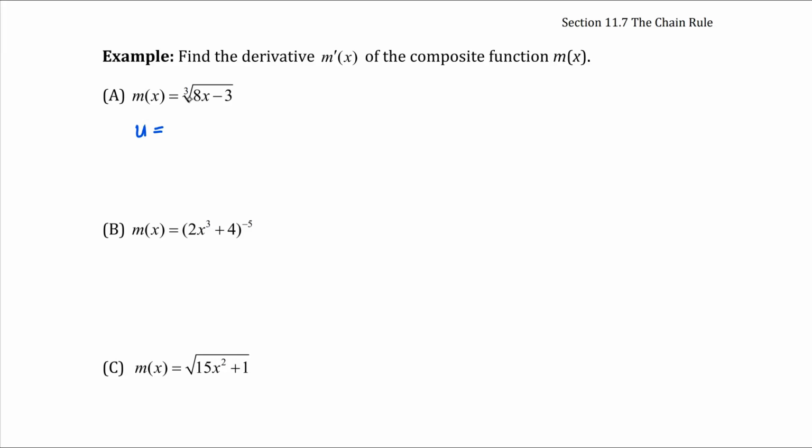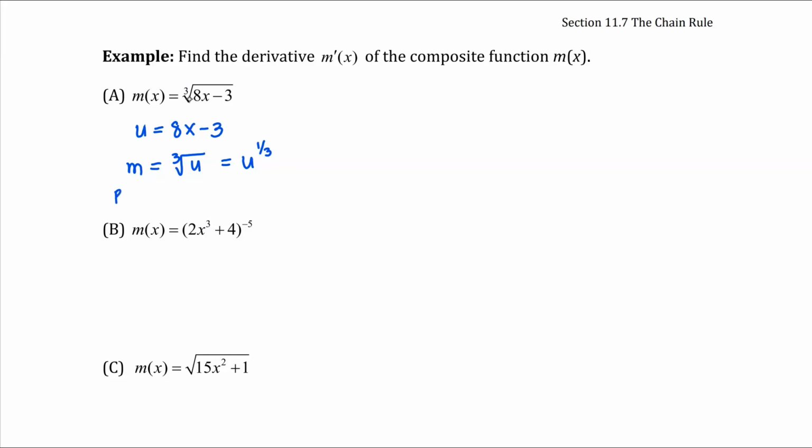So u is 8x minus 3. Now, m of x will be of the form cube root of u. You can also write cube root of u in exponential form as u to the 1/3.